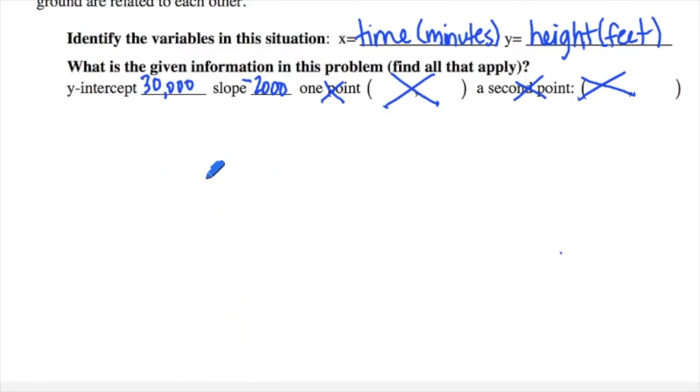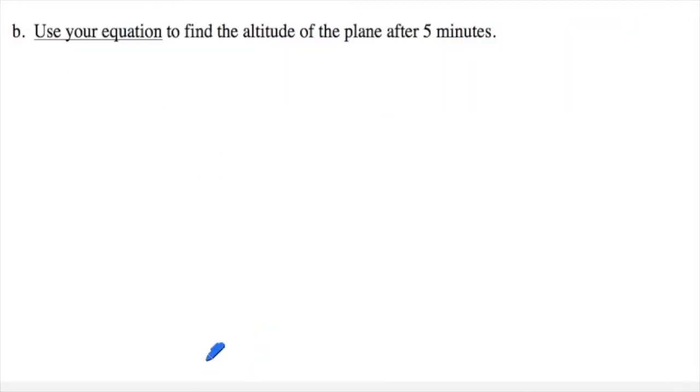So that's our information at this point. We're asked, on the first part of this question, to write an equation to model the situation. So we said that our b is 30,000, and our m, our rate of change, is negative 2,000.